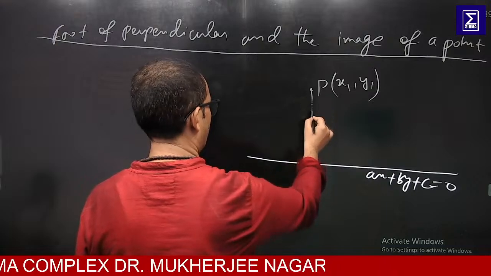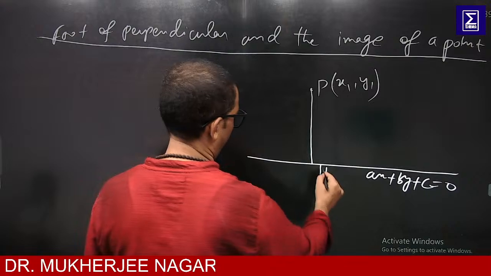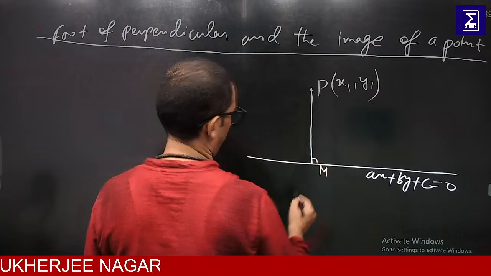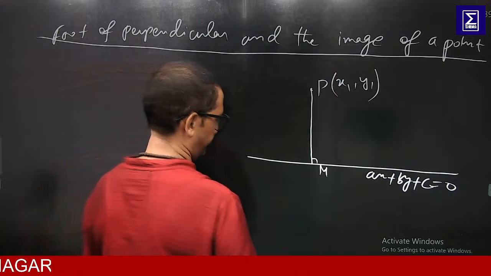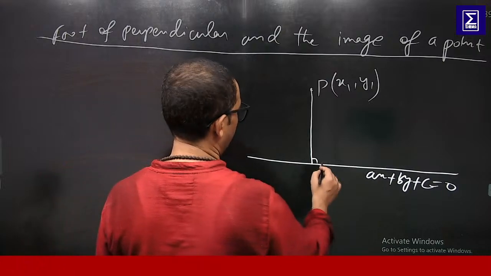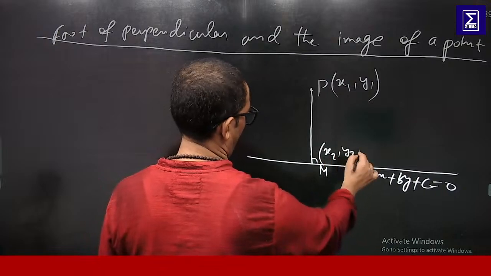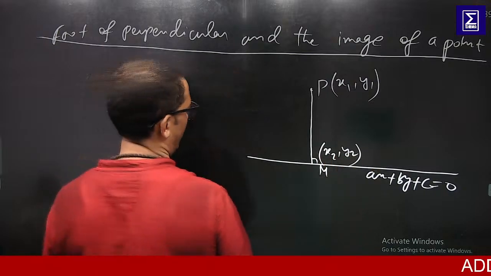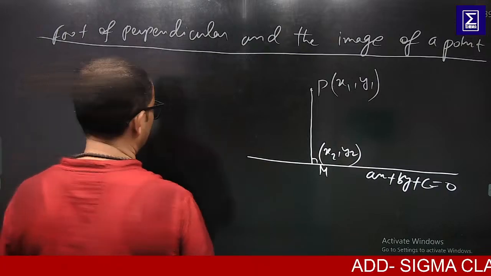In the previous case we got this distance. Let this be point M. It's making an angle of 90 degree. We have to find the coordinate of this point x2 comma y2. So how we shall do?